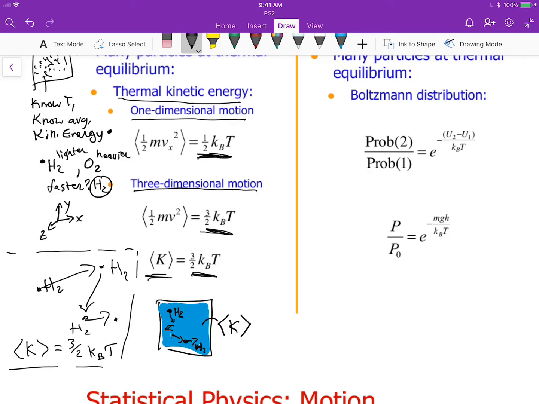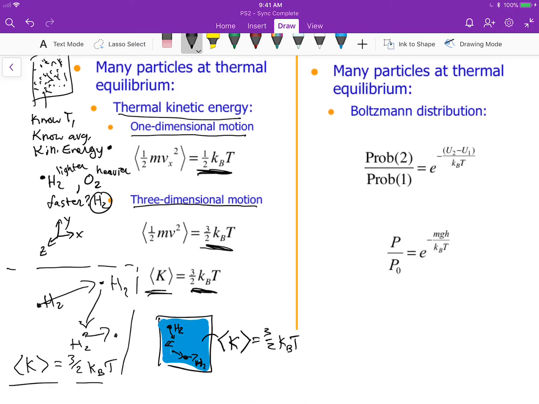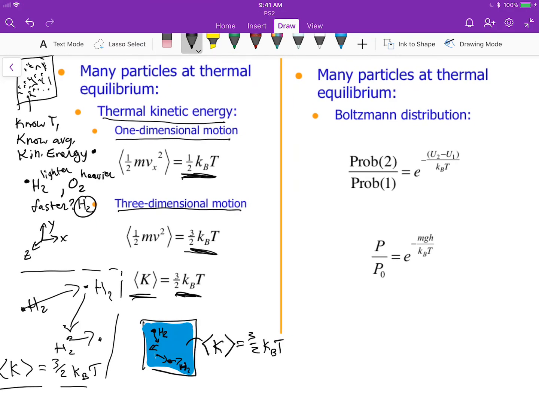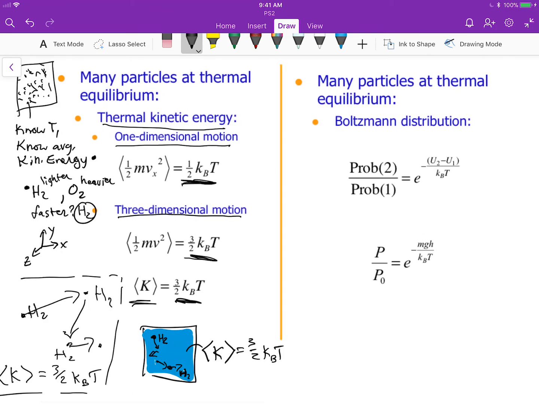Well, you can use the exact same equation. It's still going to be 3/2 kBT as long as the temperature is the same. So that works independent of what fluid you're in. But keep in mind, given the weight of the particle, you might have a different speed.